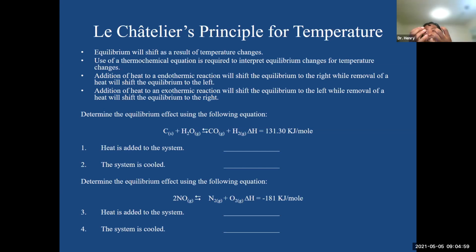So if I'm removing heat in the case of an exothermic reaction, normally it's a negative value, and now you're removing that heat from there. What's going to happen in that case?